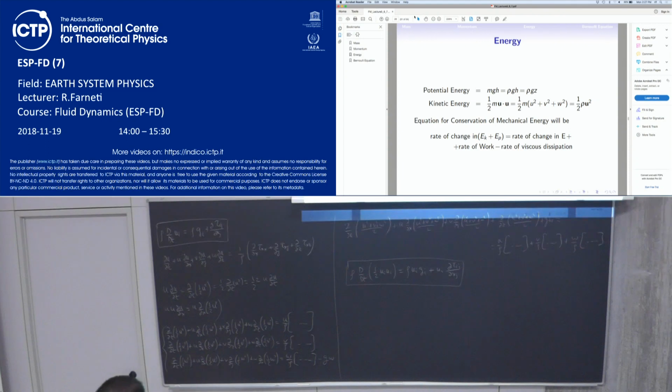Now we can derive from here what is the potential energy in the system. So you can write the body force as the gradient of a scalar potential, and we're going to call that scalar potential GZ.